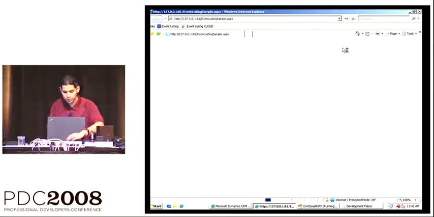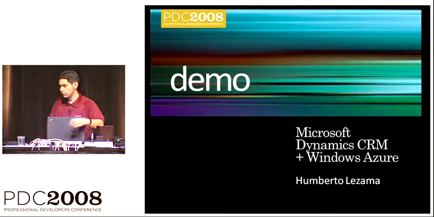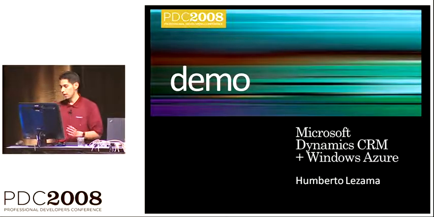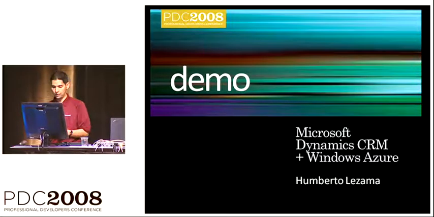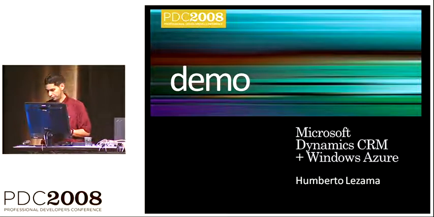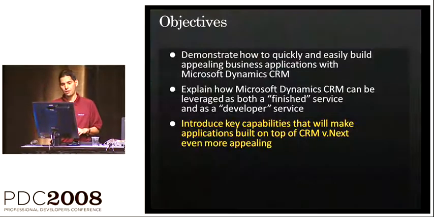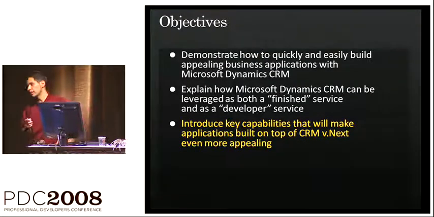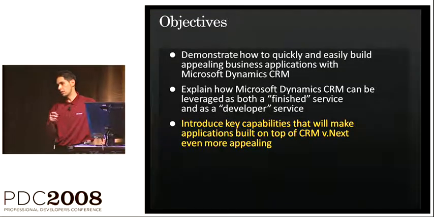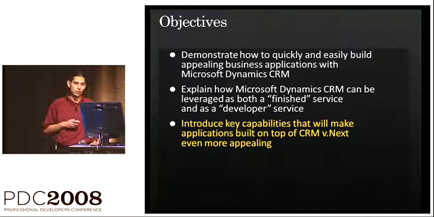Okay, so let me quickly flip back to the presentation, and I'm actually glad because I have plenty of time to talk about the most exciting portion of this session, which is CRM5. All right, so the last objective here, and I bet that many of you that are already familiar with CRM are actually waiting just for this portion of the session.